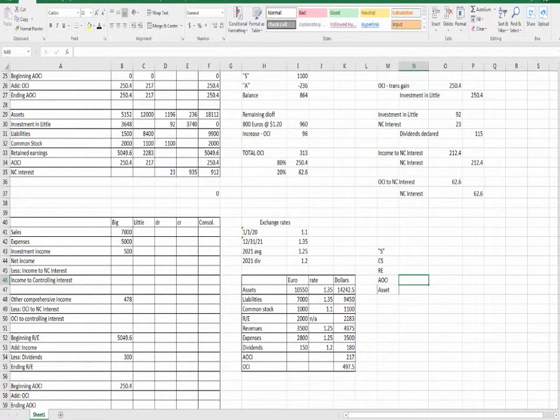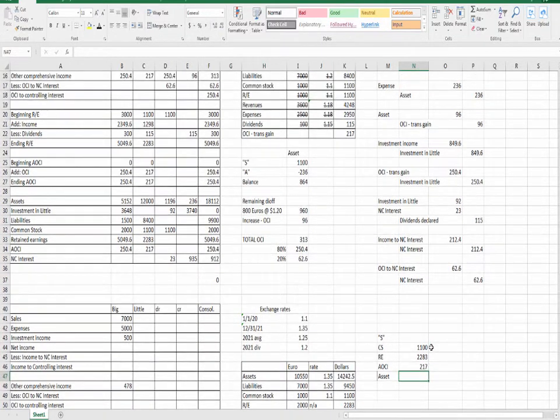And again, that AOCI is a debit balance, so to eliminate it, we're going to need to credit it. So again, we debit beginning of year common stock, and I could do either, let's go ahead and do it from here. Beginning of year common stock, beginning of year retained earnings, beginning of year AOCI, and the remaining asset.